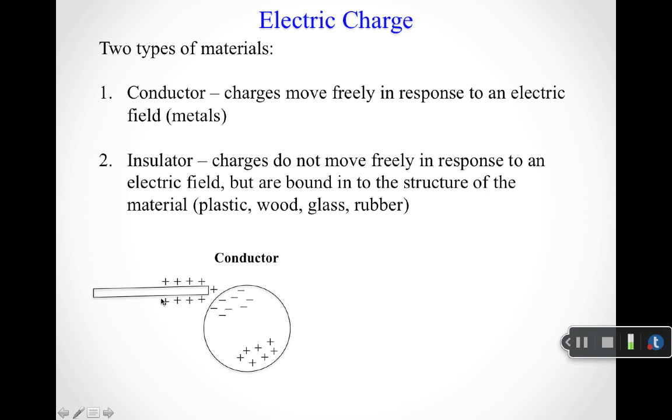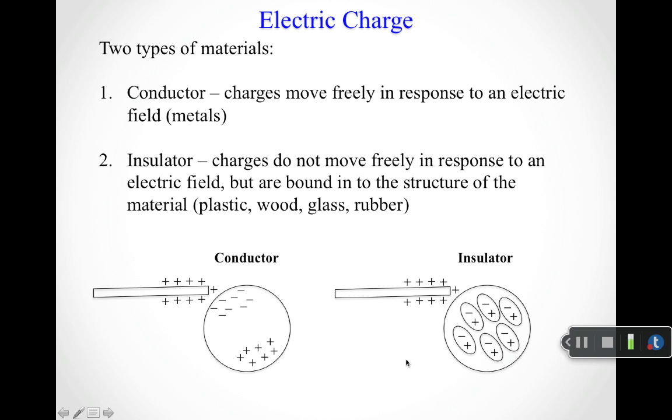So with our conductor, what I've done is I've charged this rod positively, which means that I rubbed off negative electrons and left it with a net positive charge. As I bring it near a conductor, these electrons can flow over here to be close to the positive charge, which leaves those electrons free to move about the material.